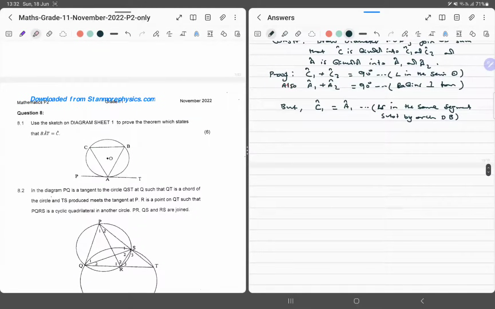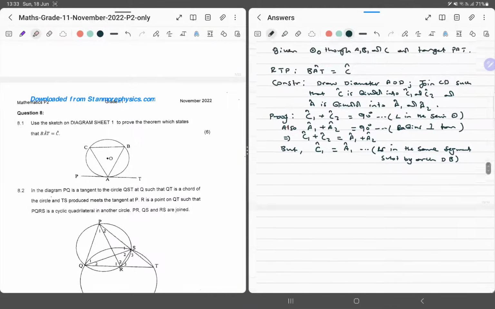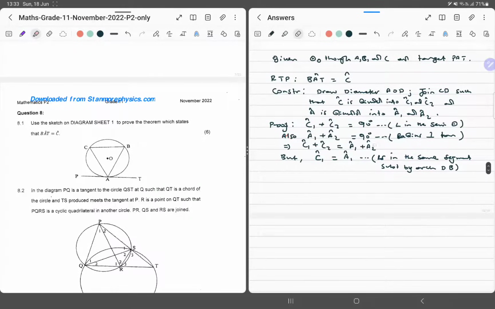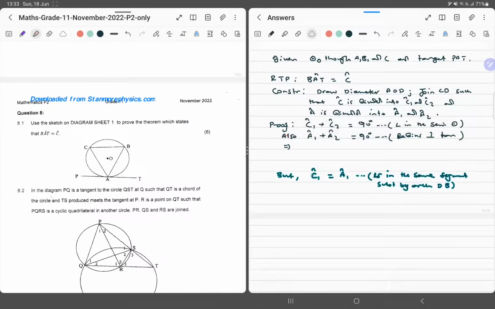So what does this imply? Maybe we can say that C1 plus C2 is equal to A1 plus A2, right? But what angle are we looking for? A1 first, so maybe let's start there, because we needed to make that conclusion.